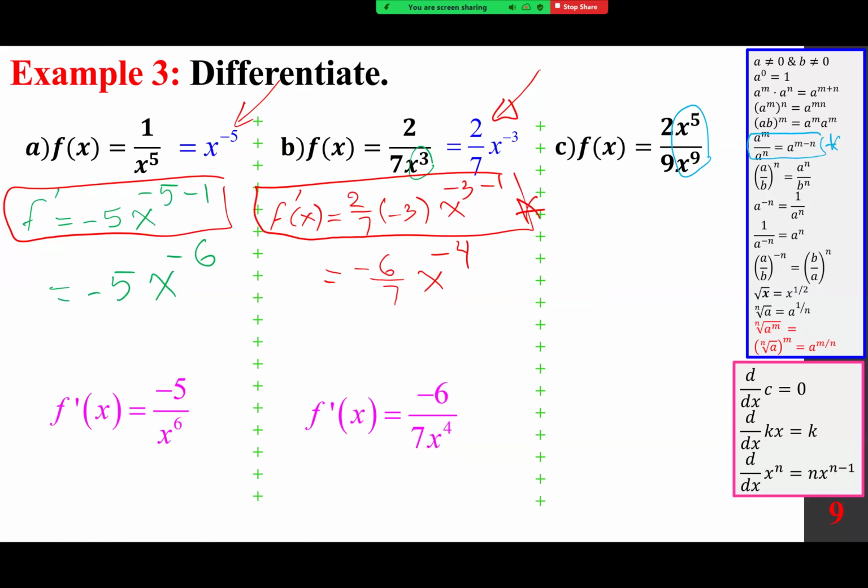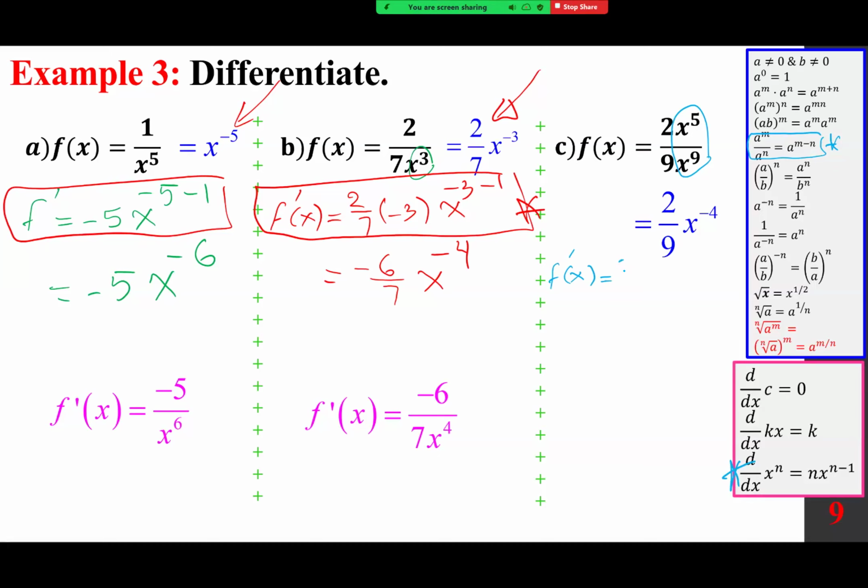Using the quotient rule, you can write it's x to the power of 4 in the denominator or x to the power of minus 4 in the numerator. And that's why we put it in this format, because we are going to use the power rule on that. So that was an algebraic step.